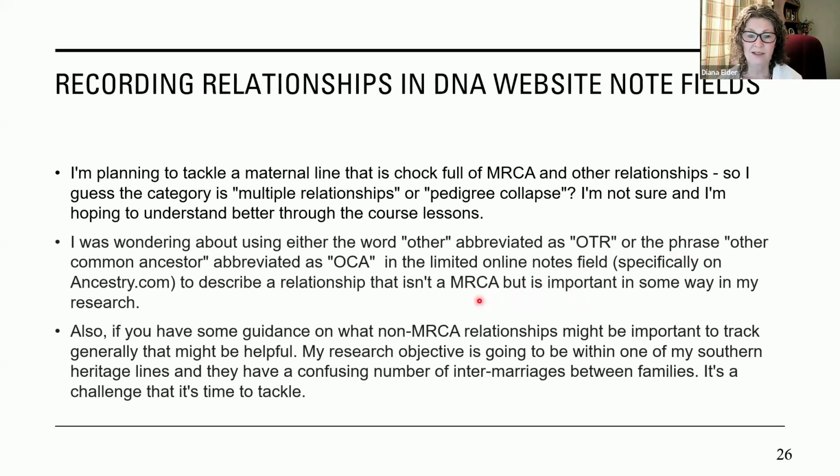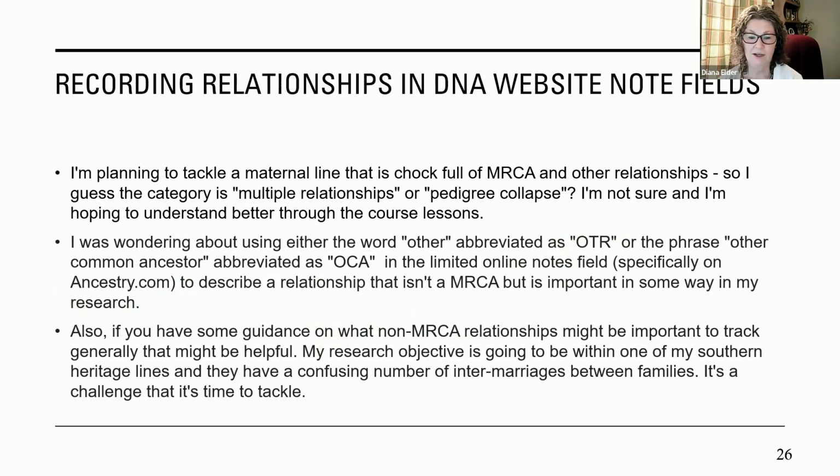I'll show you an example in a minute of multiple relationships and how I did a note, but you can put quite a bit of information in the notes on the websites. So write out whatever you want to do. And if you do want to use an abbreviation like this, as long as you know what you're talking about, that's the important thing. Also, if you have some guidance on what common ancestral relationships might be important to track, that might be helpful.